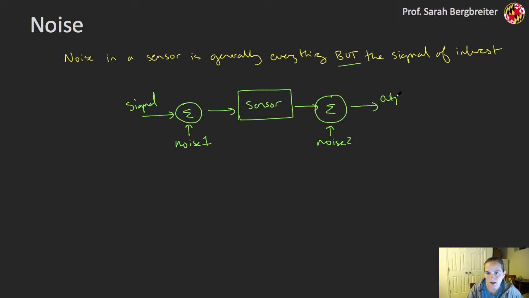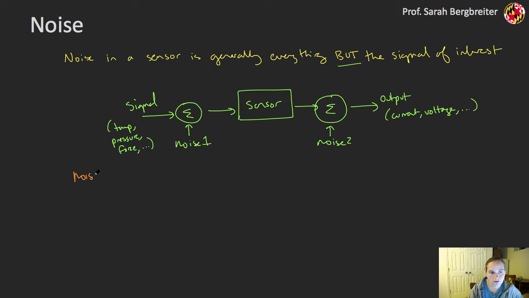So this would be my output from my sensor, and that could be something like a current, could be a voltage, a capacitance or resistance, etc. So that signal, remember, could be something like a temperature, a pressure, force, whatever it is I'm trying to sense. Those are just a couple examples.